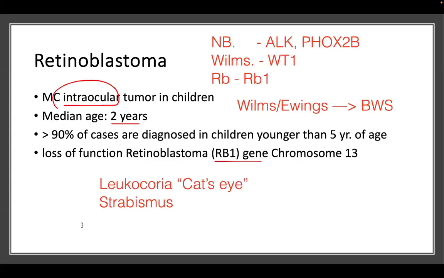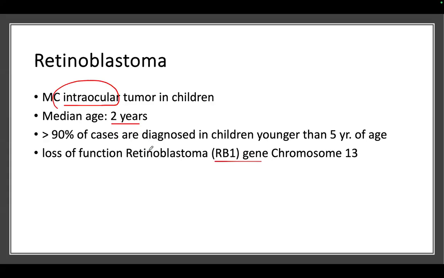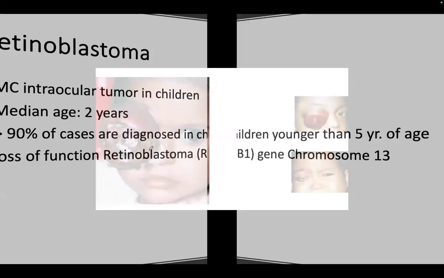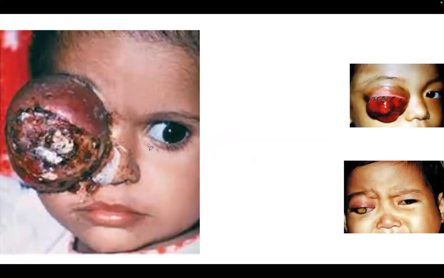What is strabismus in retinoblastoma? Is it an early sign or is it a late sign? Strabismus is an early sign in retinoblastoma. I hope this sticks in your head and you will never forget this.